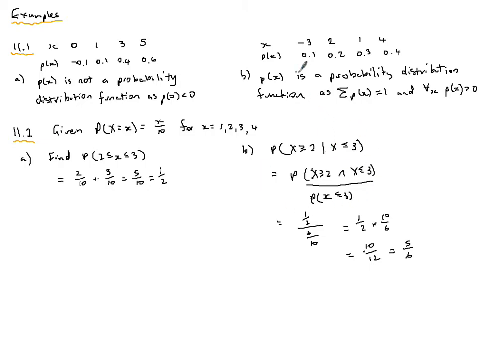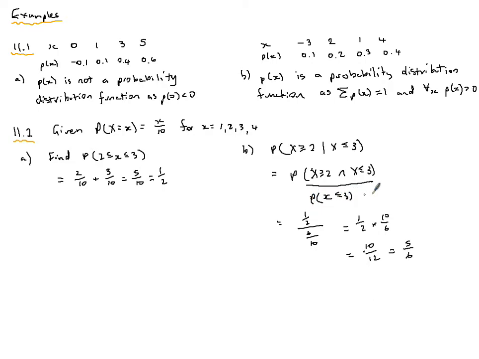This one's a bit more difficult because they've given us this given symbol and we have to rely on our probability rules. So in this case, we want to know the probability of getting greater than or equal to 2, so 2, 3, and 4, but only where x is less than or equal to 3, so we would have to exclude the fourth case, because that's equal to 4, and outside of our bounds.